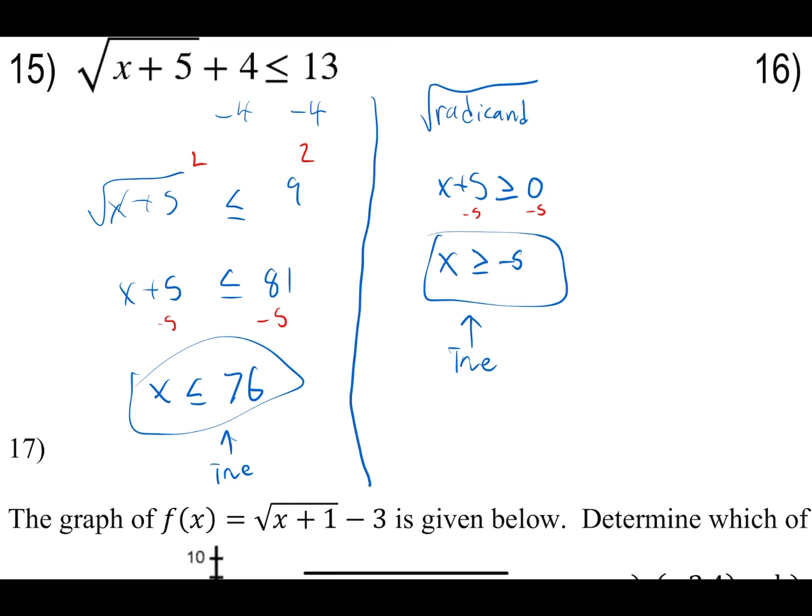In this case, that's not true, because I am less than or equal to 76, but greater than or equal to negative 5, and that negative 5 definitely matters. So this is a combined answer: x has to be between these two values, otherwise this whole thing breaks.